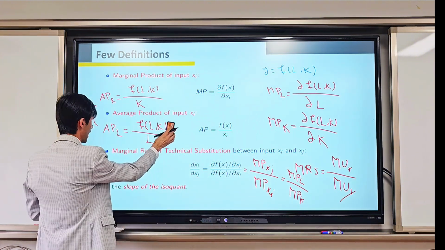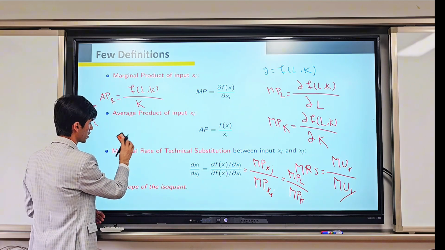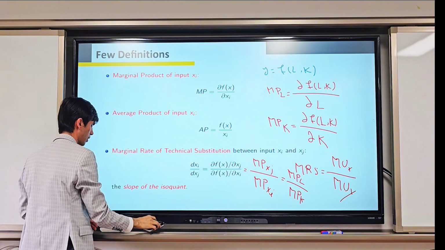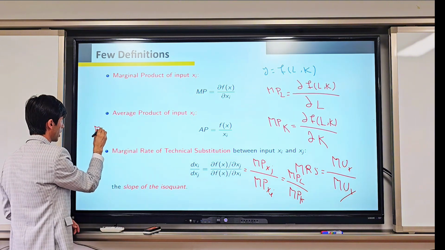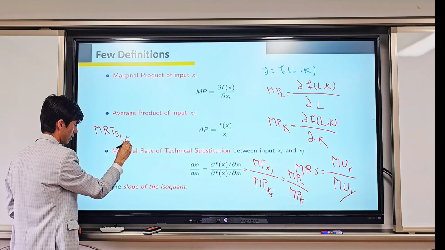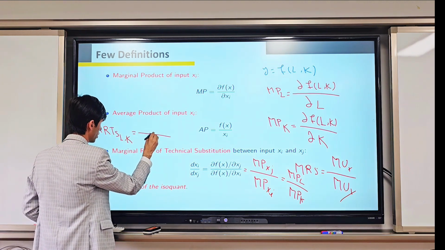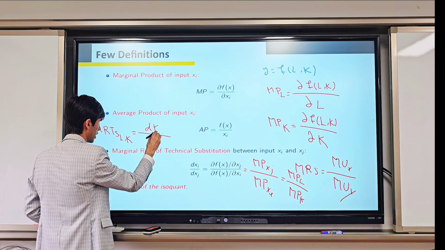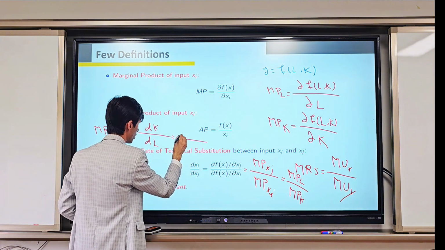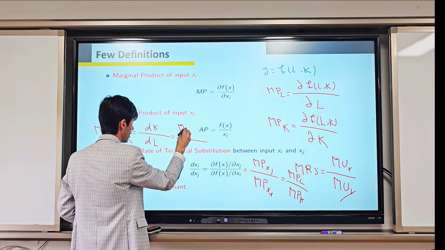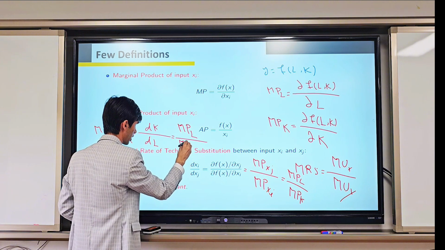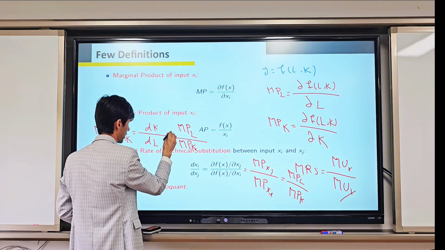If someone asks us to find the marginal rate of technical substitution of labor for capital, we can write it this way: the marginal rate of technical substitution of L for K is equal to the change in capital over the change in labor, which is equal to the marginal product of labor divided by the marginal product of capital, with a negative sign.